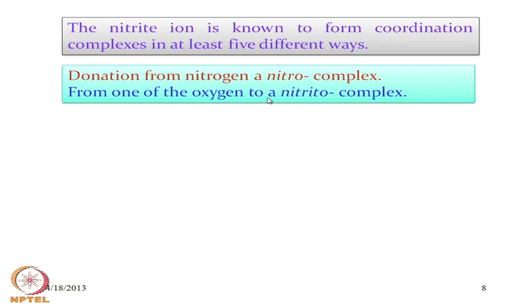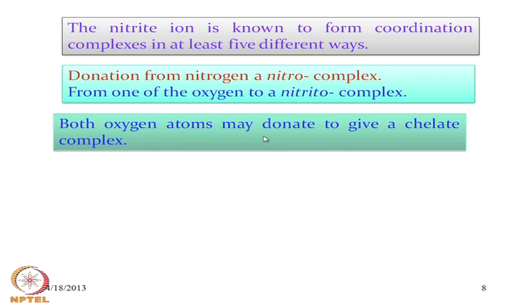So, 2 different complexes we can have, and like thiocyanate, where we have seen that thiocyanate can bind through sulfur and through nitrogen, here also it can bind through nitrogen and oxygen. Even in the solid state, the color of the compounds will be different, and they show the ambidentate nature of the ligand. Ambidentate binding means 2 different donor atoms are present and one is utilized in one case and another in the other case for binding to the metal center.